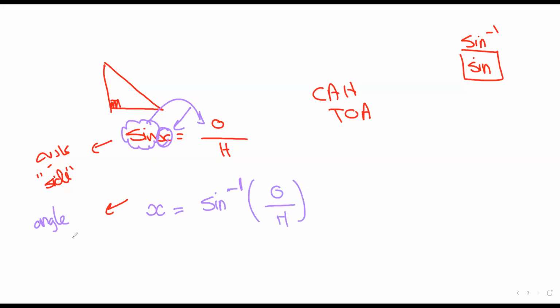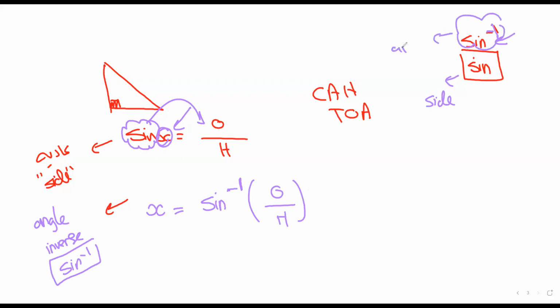And when we said to calculate an angle, we always use the inverse form, which is sine minus 1, this form. So the button is used to calculate the side. What is written on top of the button, sine inverse, cosine inverse, tan inverse, is what we use to calculate an angle.